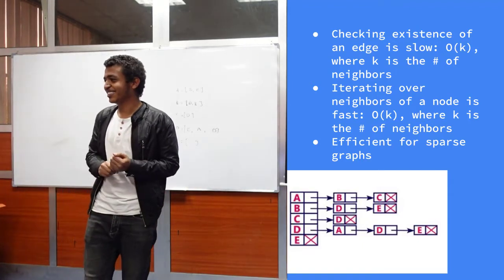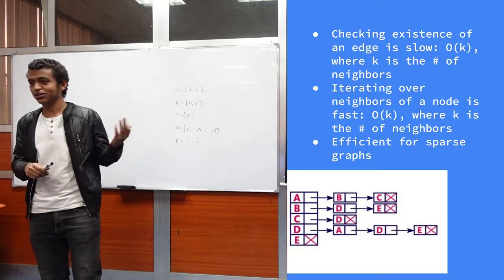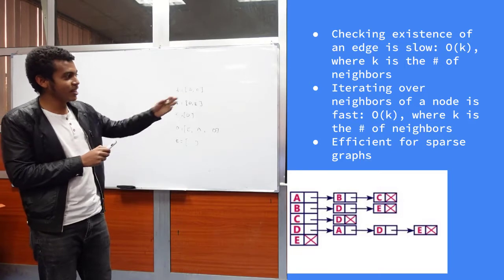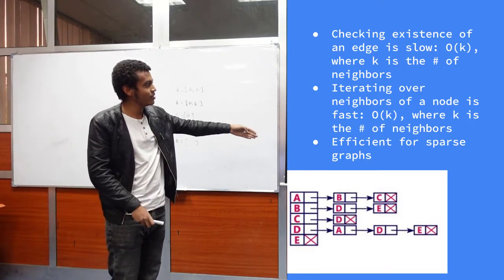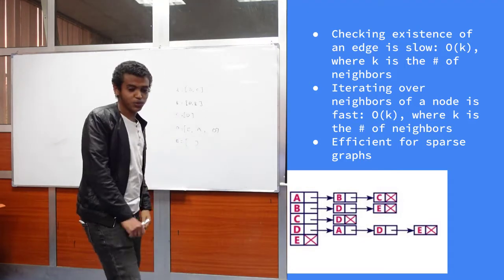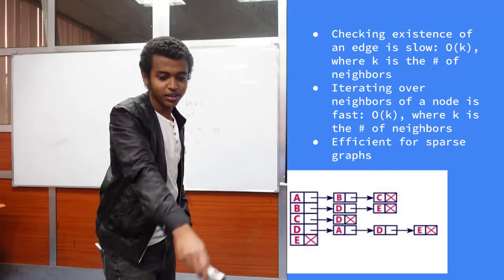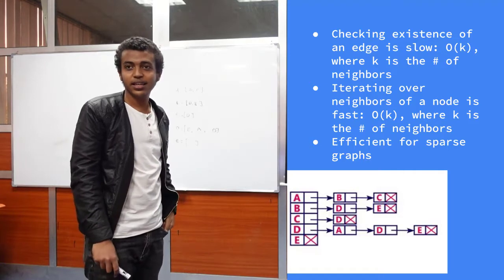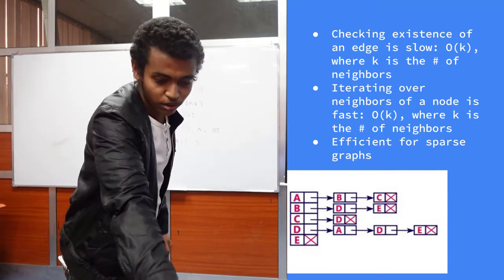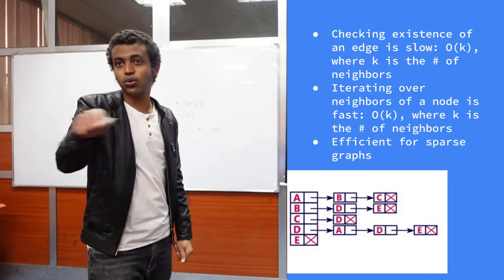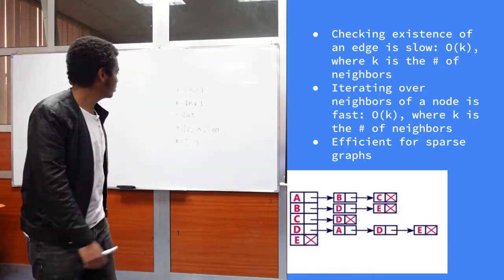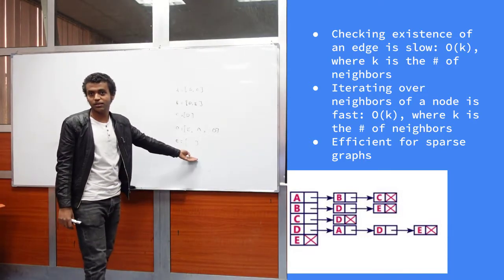The thing adjacency list is better at is finding neighbors, because if we go back to the row representing E, if I ask you to find the neighbors of E, you're going to go over the whole row, right? With the list, you just have an empty list.